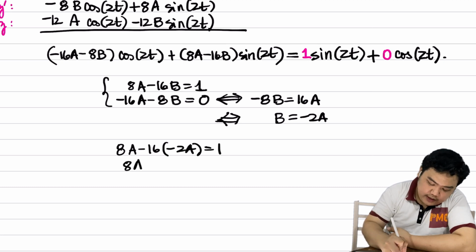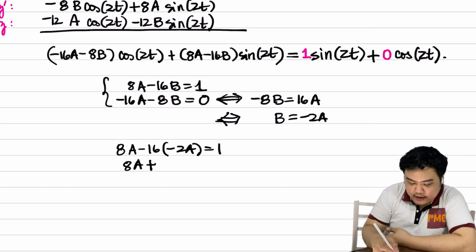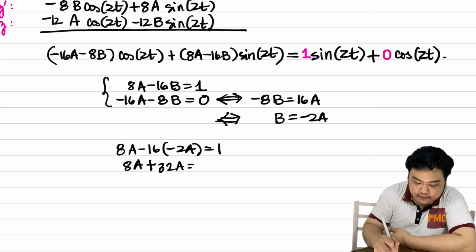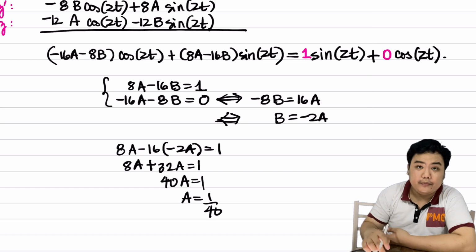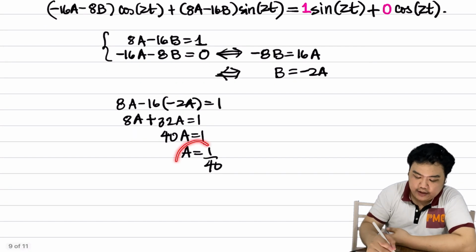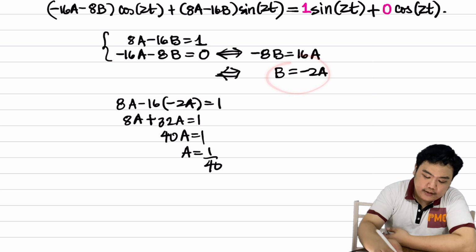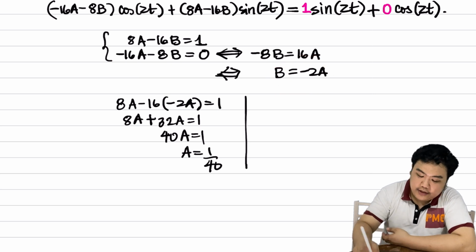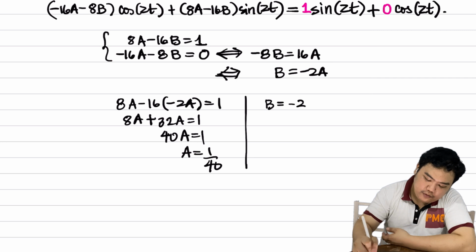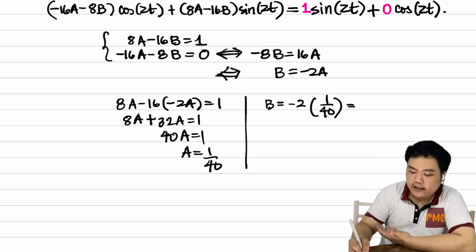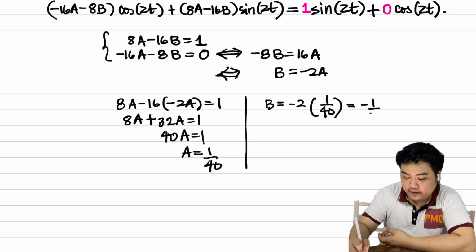So, 8A plus 32A, so 40A is 1. So, A is 1 over 40. You already have a value for A. For B, using this one, B is negative 2 times 1 over 40, which is negative 2 over 40, negative 1 over 20.